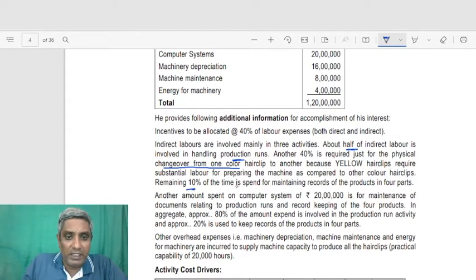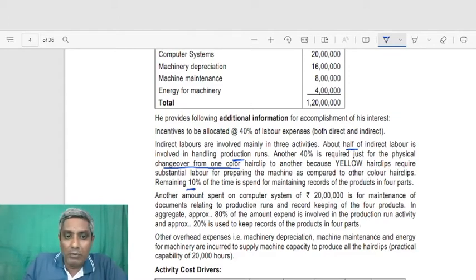The remaining 10% of time is spent on maintaining records of the 4 products. So one is regarding production runs, one is regarding the changeover, and another is the 10% on record maintenance.